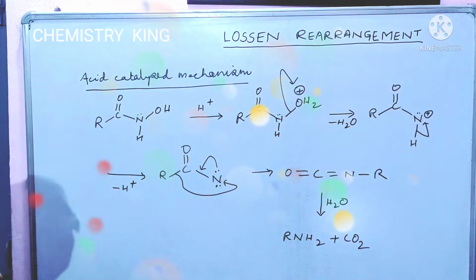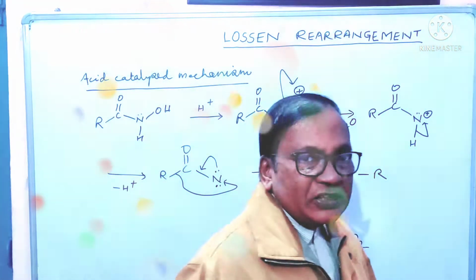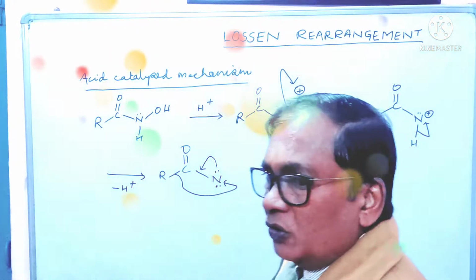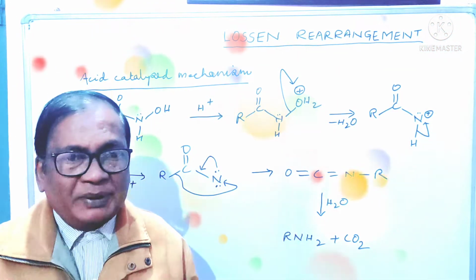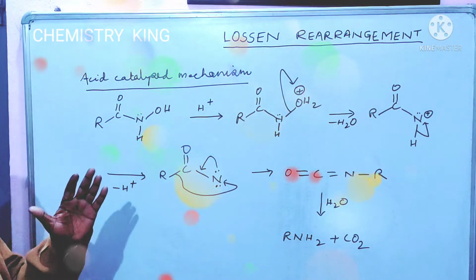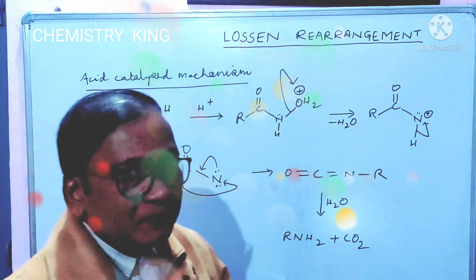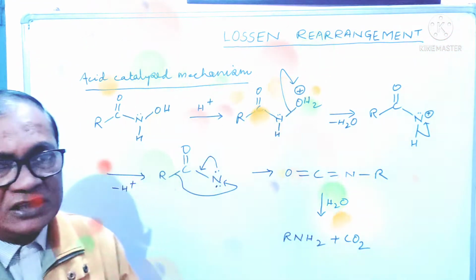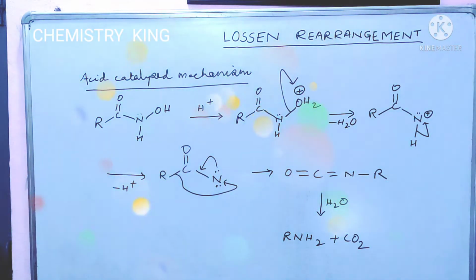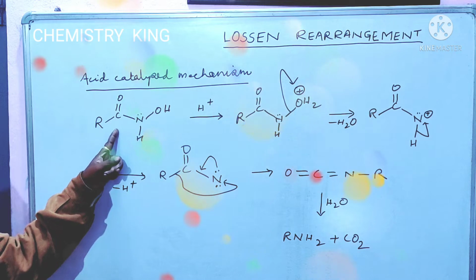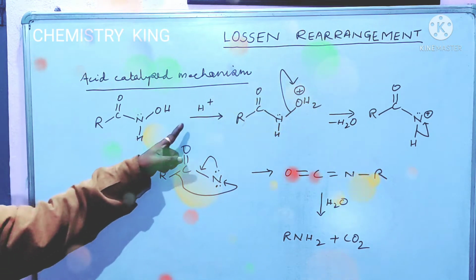Friends, Lossen rearrangement is carried out in presence of strong acid and strong base. So, we will see its mechanism one by one, the acid catalyzed mechanism and the base catalyzed mechanism. Let us see the acid catalyzed mechanism first. It is hydroxamic acid.